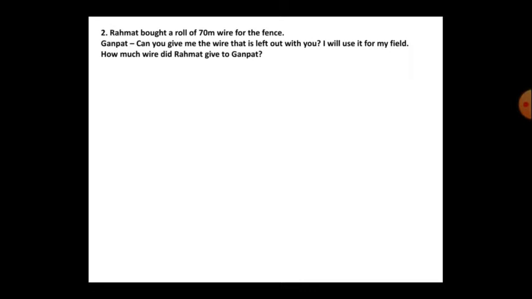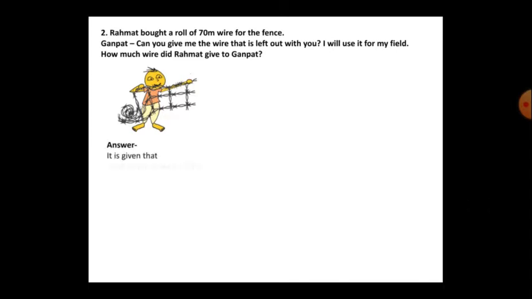See, Rahmat needs only 54 meters of wire, because his field needs only 54 meters. Ganap is asking for the remaining wire, to use for his field. Now how much does Rahmat give to Ganap? Let me find out. You have to subtract here.